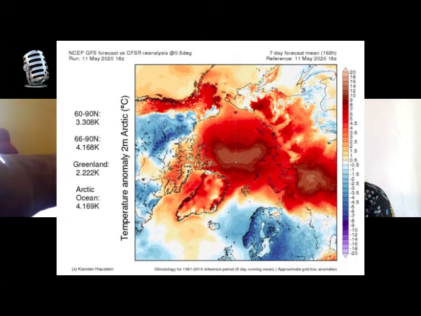So you have a whole bunch of effects down the line, and it all comes down to the heat being absorbed, the heat staying in the system.